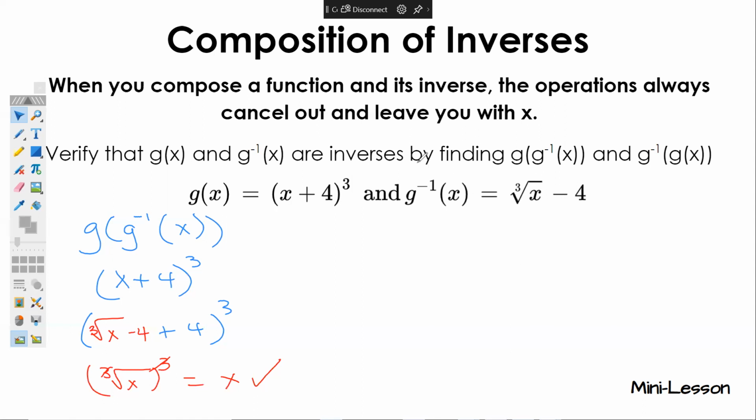I'm going to do the same thing, but first I'm going to start with the inverse, and then I'm going to plug in the original function. So I'm going to write that one out.